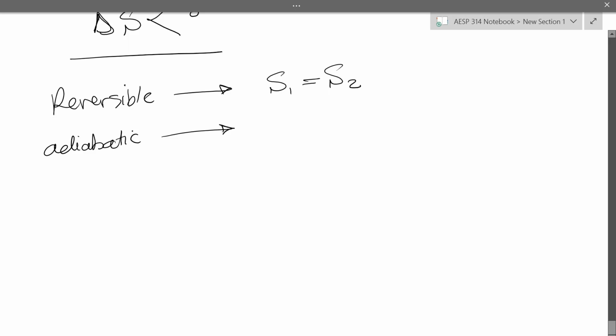No heat transfer, right? So heat is 0, not work. No heat transfer throughout the process from 1 to 2, so Q1-2 is 0. That's an adiabatic process. And we also have the isothermal process, in which the temperature remains constant: T1 equals T2.